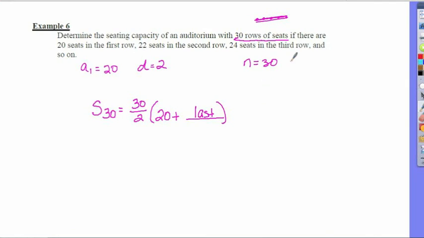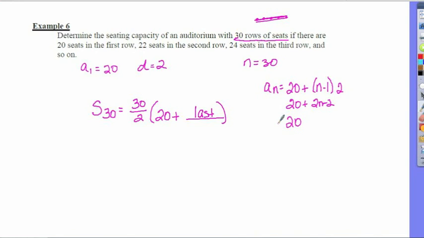So that's what I need to do right now. Let's write the general equation. Let's do AN equals A1, which is 20, plus N minus 1 times my difference. Distribute backwards. 20 plus 2n minus 2.